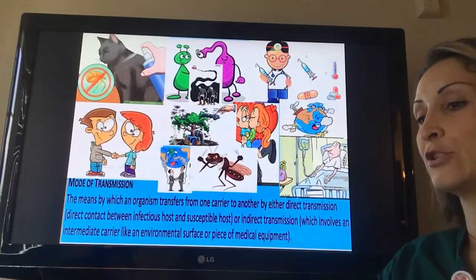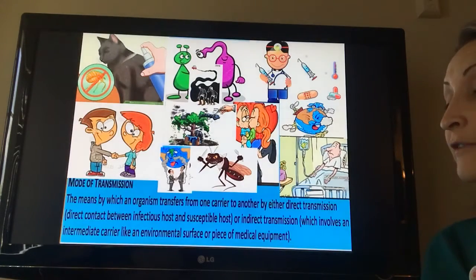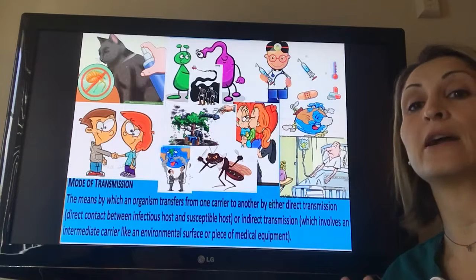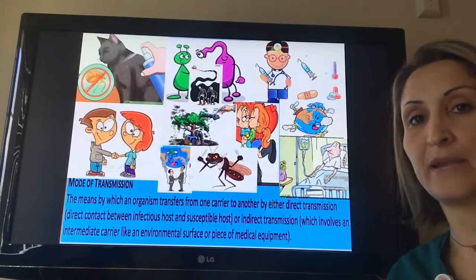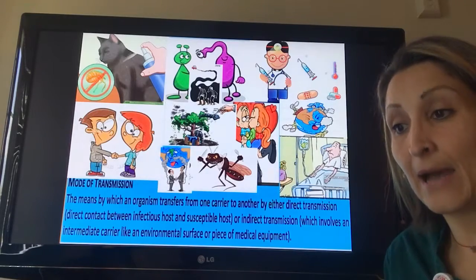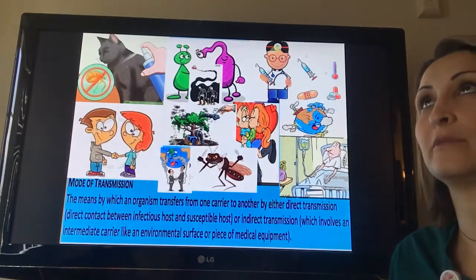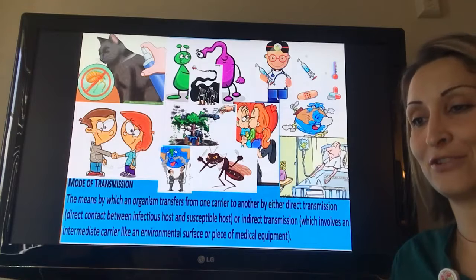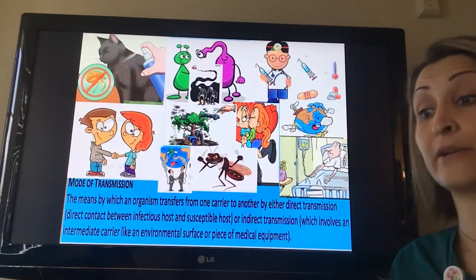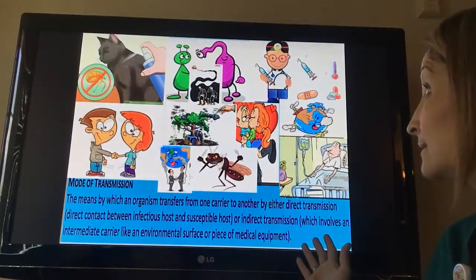Indirect transmission refers to transfer of infectious agents from reservoirs to a host by suspended air particles, inanimate objects like vehicles, or animate intermediaries like vectors.